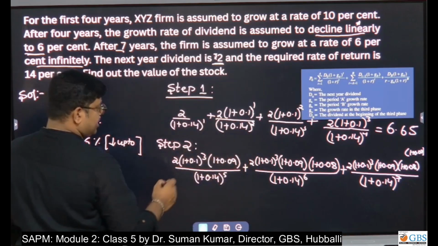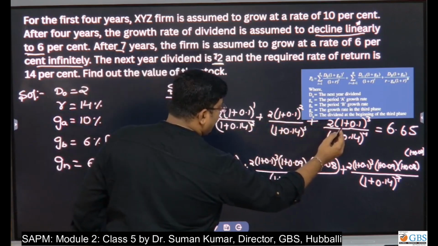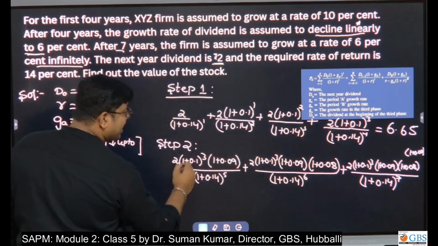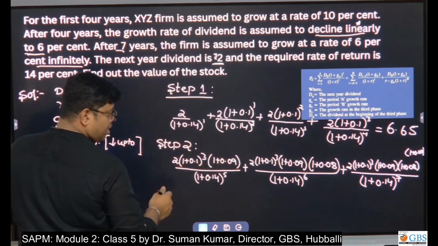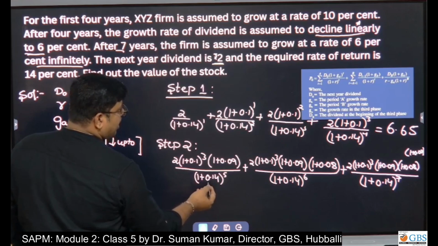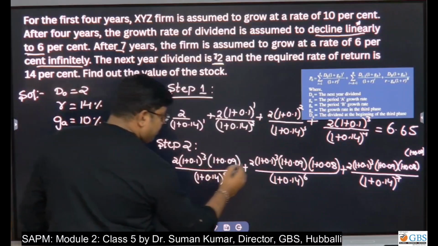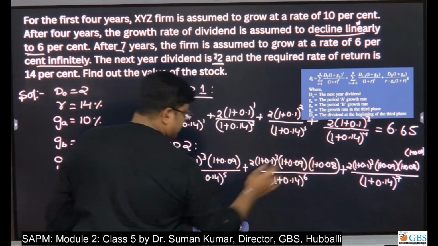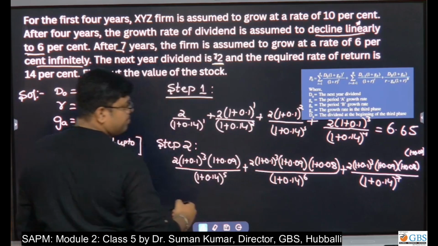Try to understand the previous year dividend, that is 2 into (1 plus 0.1) raised to 3, the same thing, with 9%, a decrease from 10% to 9%, right? Then again the required rate of return raised to 5. Now with this 9%, again we multiply with the 8%, with the required rate of return raised to 6.